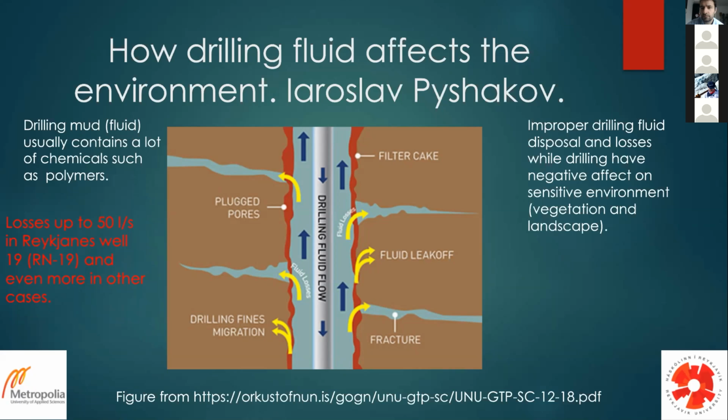And the second big problem is drilling fluid disposal, because it may significantly affect the environment on the surface. As I mentioned before, there's a big amount of chemicals which can easily pollute and destroy the landscape and vegetation. And I will try to present more facts during our next report.